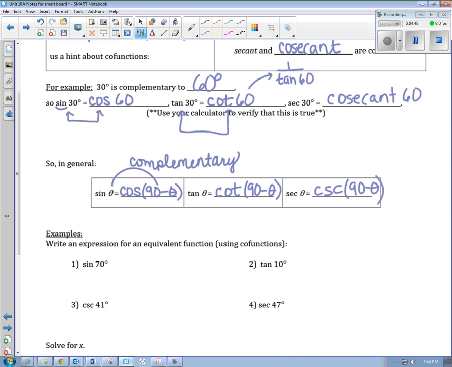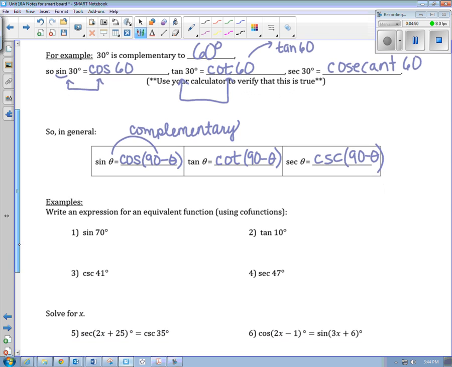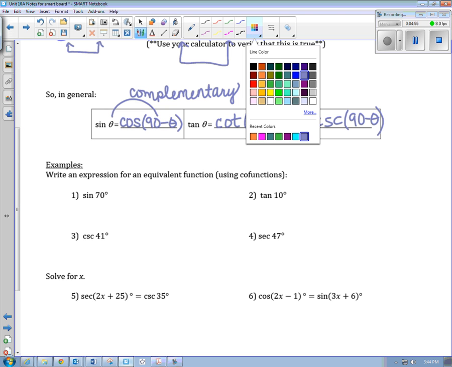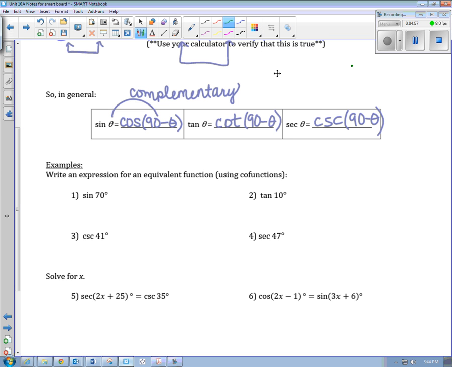They ask us in the next examples to write an expression for an equivalent function using the cofunctions. So what they're asking me to do in this section is to say, what do I know sine of 70 is equal to? Well, it's equal to the cosine of 20. These two angles have to add to 90, and these two trig functions have to become cofunctions to each other. So tangent of 10 is equal to the cotangent of 80.